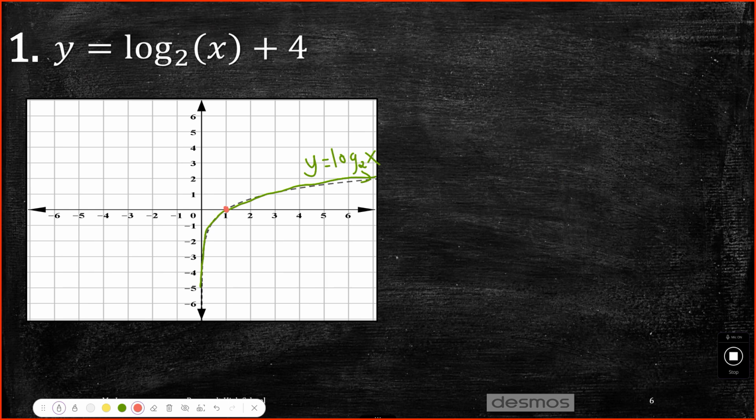So now, what does adding 4 to it do? What kind of transformation is it? What kind of shift? Left, right, up, down. Up 4. So what I'm going to do is grab this point, 1, 2, 3, 4, and I'm just trying to be as good of a drawer as I can be.